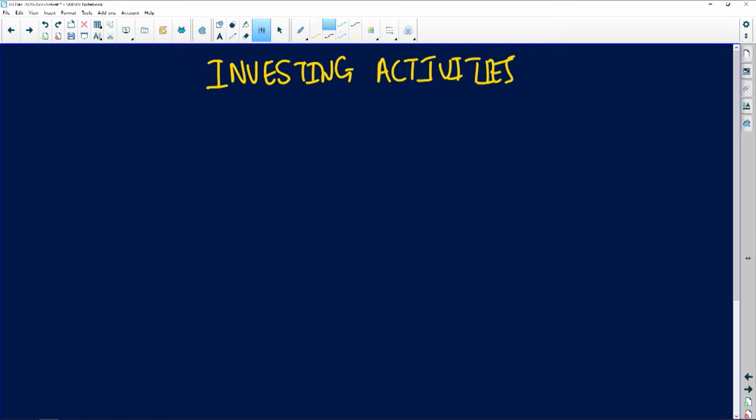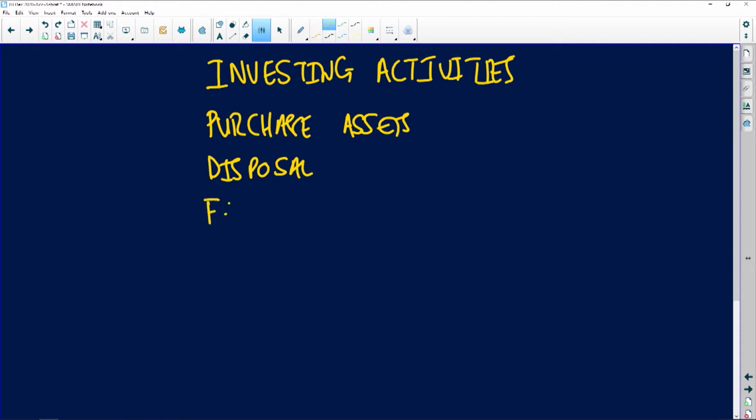You are looking at the purchase of tangible assets, right? You're also looking at your disposal of assets, okay? And you're also looking at your fixed deposit. So these three components will go under your investing activities, right?